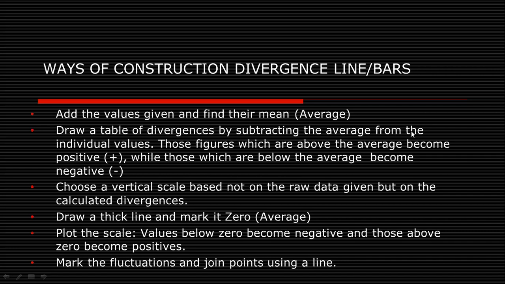Subtract the average from the individual value. It means that you get the values which are there and subtract the average which you have got. Those figures which are above the average become positive, while those that are below the average become negative.